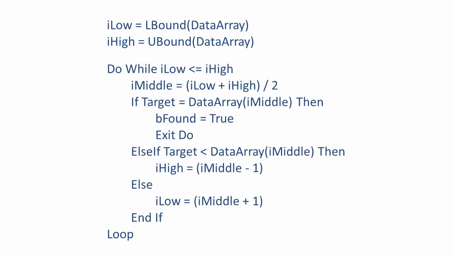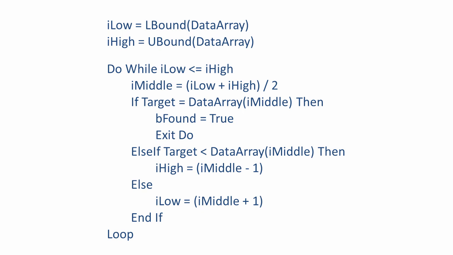Here's some pseudocode. It starts by establishing pointers for the bottom and the top of the data array by assigning its lower and upper bounds to a pair of variables, I-low and I-high. These pointers define the section of the array that the program is looking at, all of it to begin with.